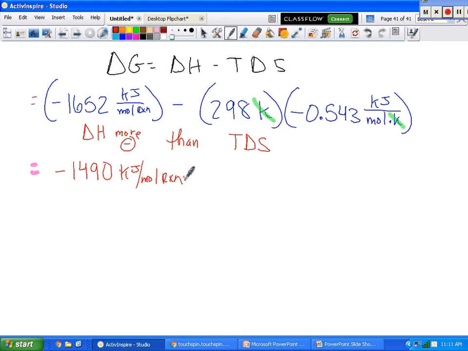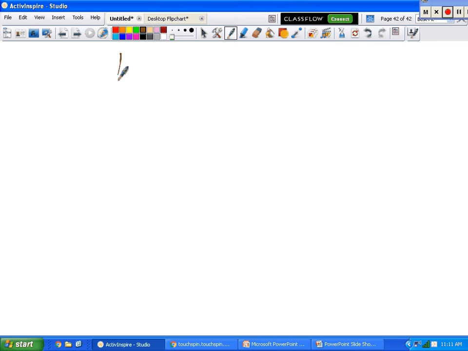So here's the deal. We're still not finished with this question. Again, I've already told you that this will not be one question. This will be multi-step, and it will ask you to do different things. But the next part asked us to calculate the equilibrium constant. Let me just do it over here. So delta G equals negative RT ln of K. And yesterday we talked about this.